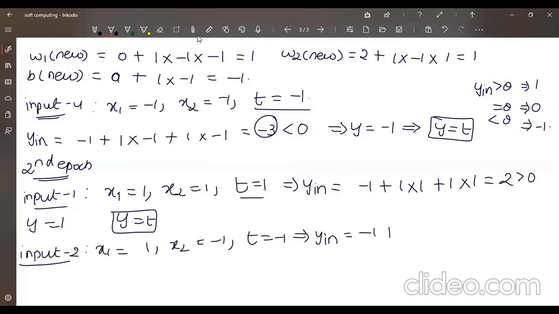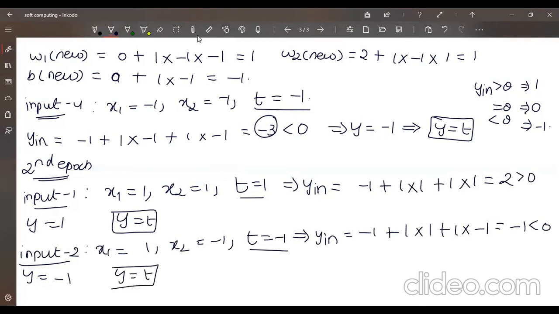Bias value -1 plus W1 1 into X1 1 plus W2 1 into X2 -1. So -1 plus 1 will get cancelled and 1 into -1 is -1, which is less than 0, implies our y value is -1. Our target value is also -1.